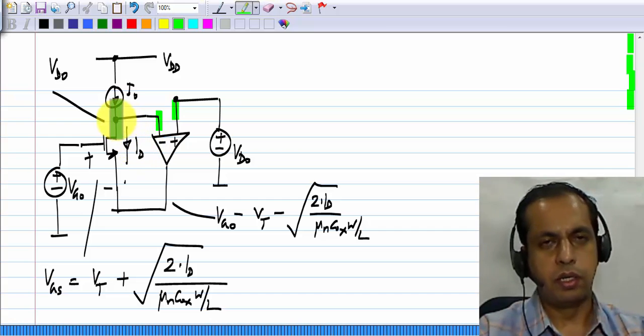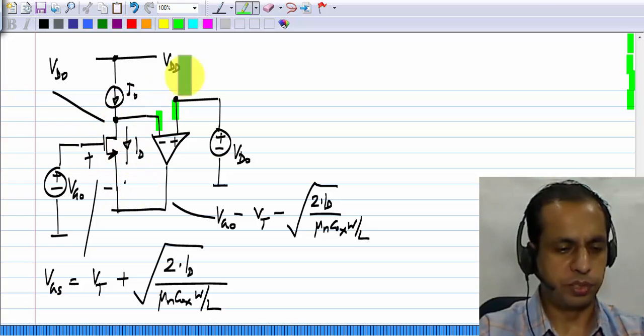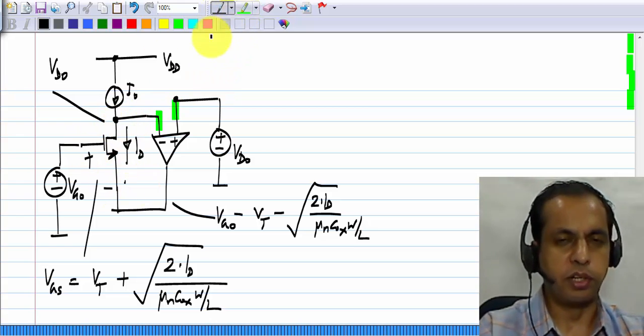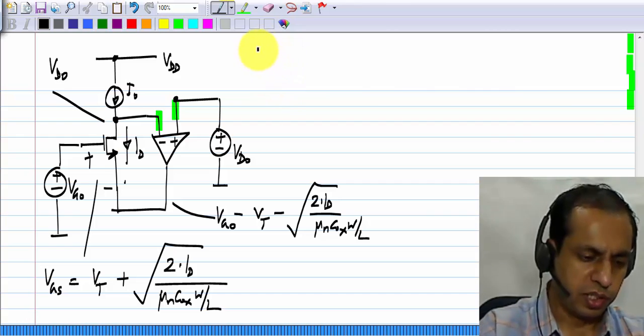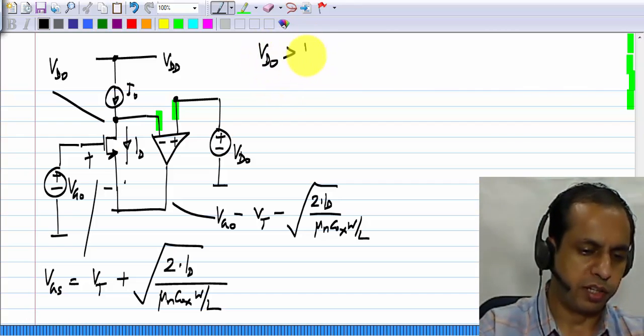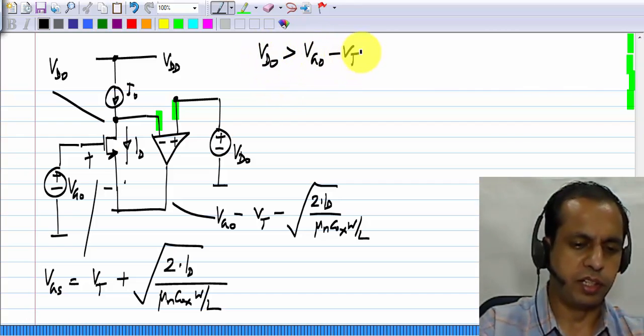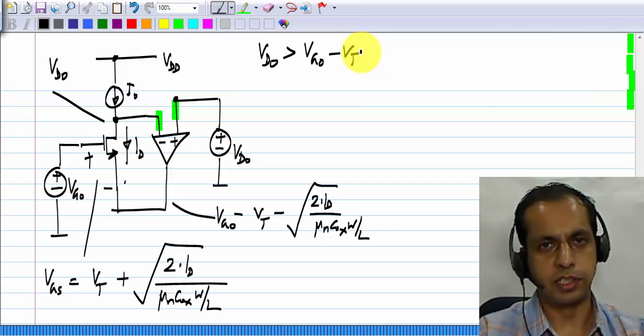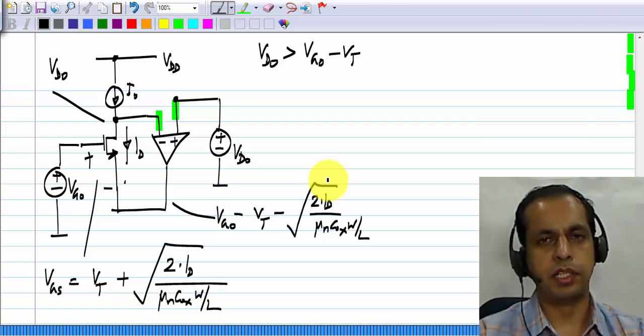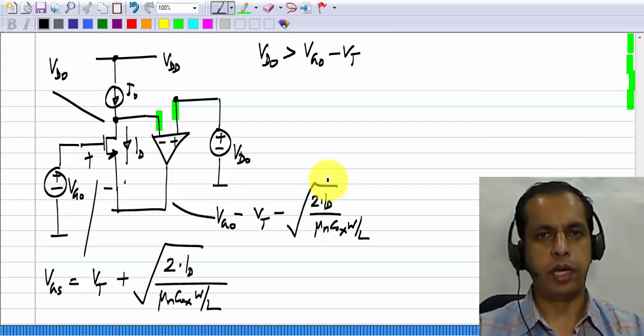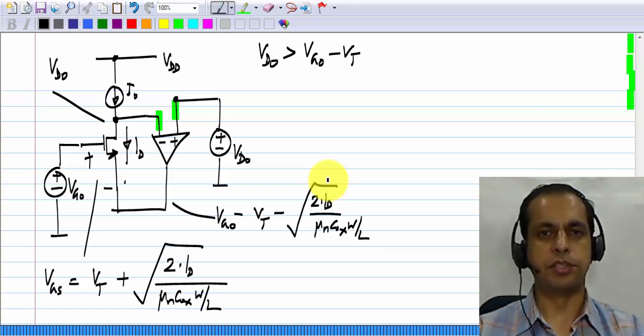By comparing the drain voltage to the gate voltage, or drain source voltage to gate source voltage. In this case, it's easier to compare drain voltage to the gate voltage. We know that VD0 has to be greater than VG0 minus VT for the transistor to be in saturation region. Okay. So what decides whether the transistor is in saturation in this particular circuit are the values of VD0 and VG0. Okay, and you have to choose them appropriately so that the transistor is maintained in saturation.